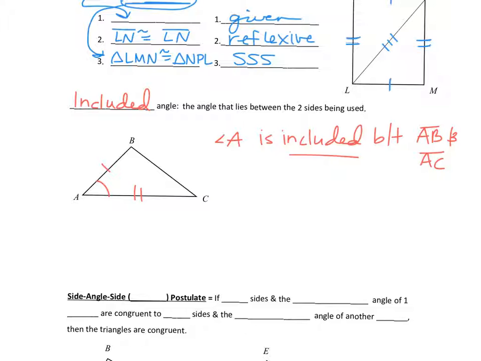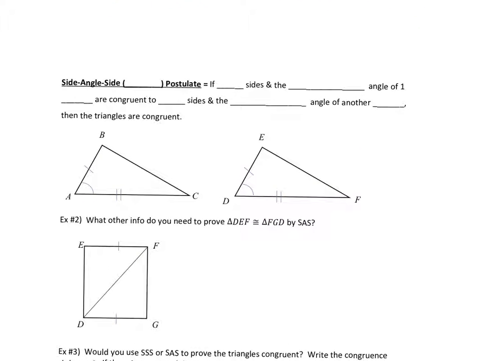Okay, so that gets us to our next shortcut, which says this. This one's side angle side. Any guesses what letters we use for side angle side? SAS, right?